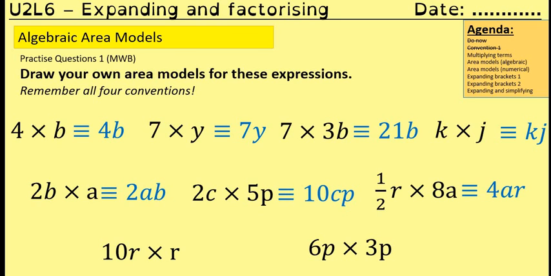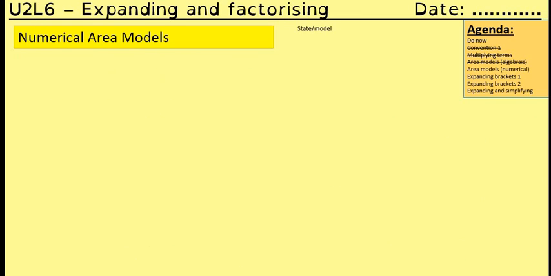This one we did have to switch the order of the letters. We should have had 10r squared, and we should have had 18p squared. So you should have lots of lovely area models on your page showing the area of different rectangles that have different side lengths.